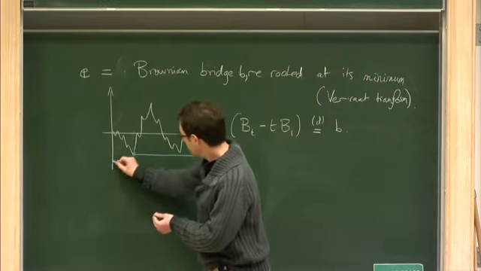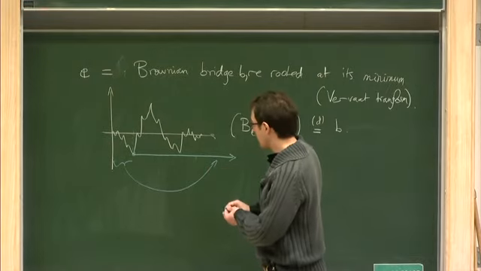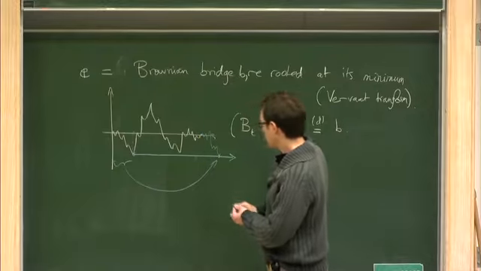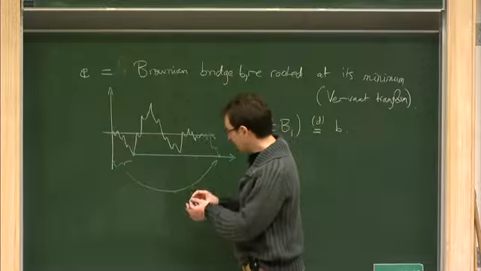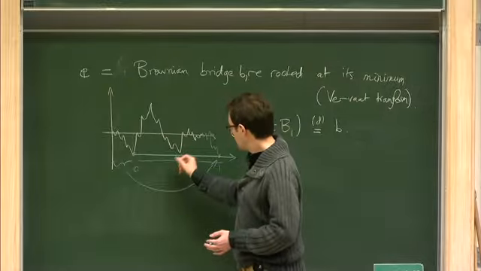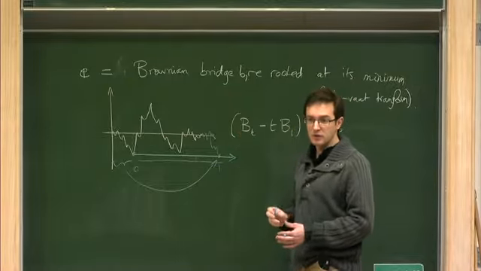You just take this bit of the path and put it there. Now you obtain a new path defined on the interval 0, 1, and this also has the law of the Brownian excursion.